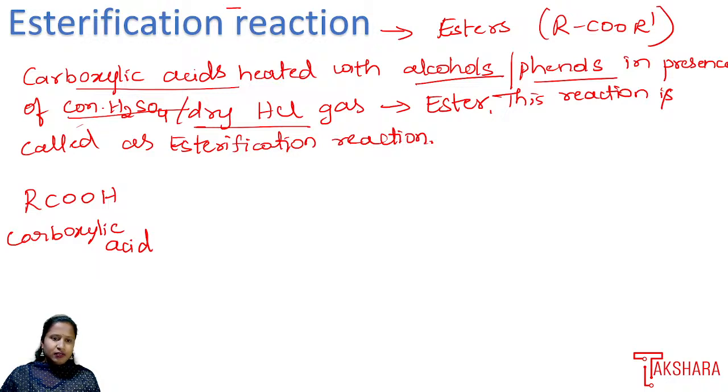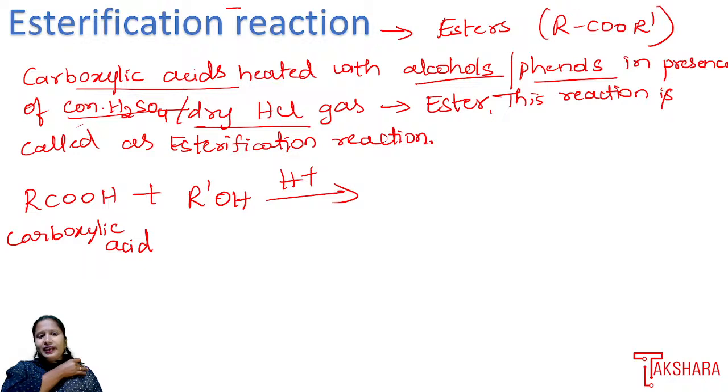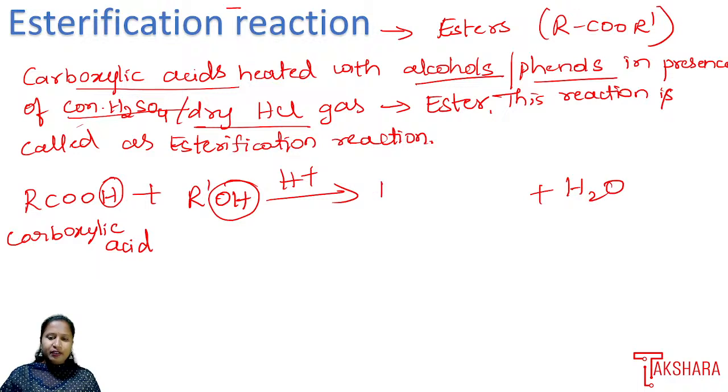When it is treated with the alcohol R'-OH in the presence of H plus, that is dry HCl or concentrated H2SO4, the H and OH are removed as a water molecule, forming RCOOR dash, which are esters.